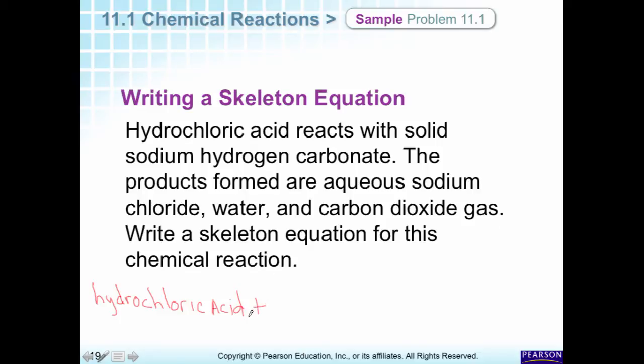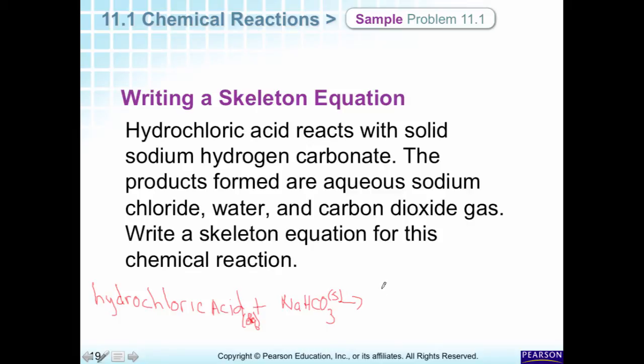Hydrochloric acid could be liquid, but it's probably aqueous, so I'm going to put aqueous there. Solid sodium hydroxide. Oh, sodium hydrogen carbonate. So this is baking soda. And this is solid.